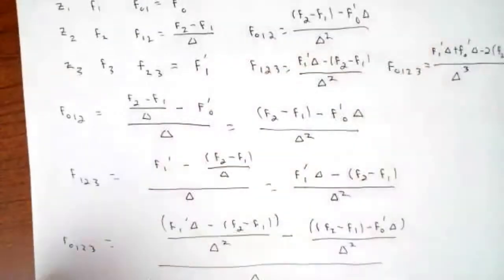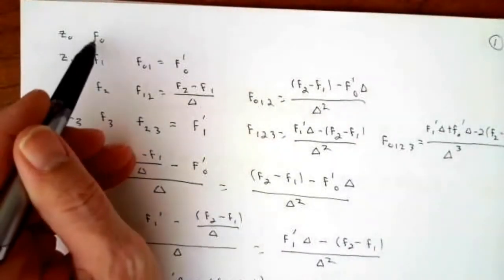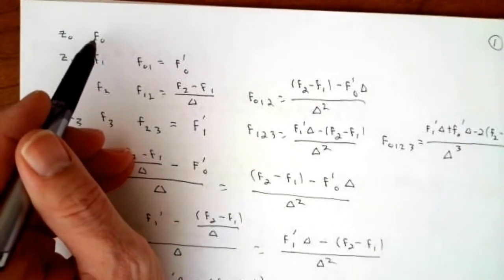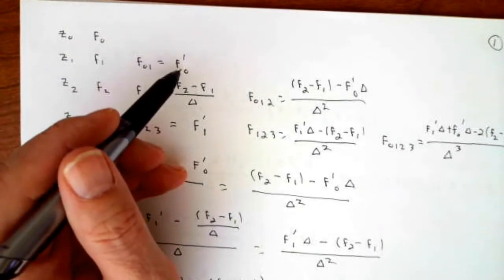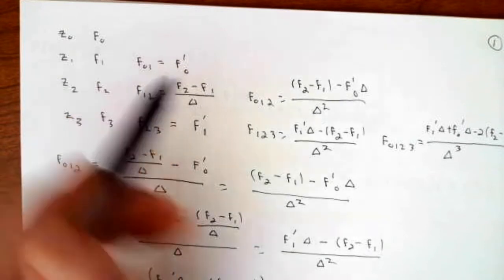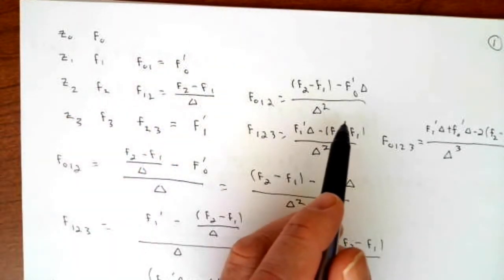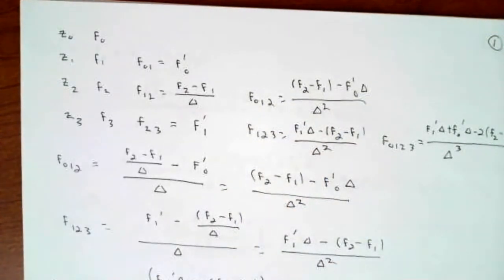Recall, the reason that this is important to us is this number is the constant coefficient in my interpolating polynomial. This is the coefficient of the x minus z0 term, the coefficient of x minus z0 times x minus z1, and the coefficient of x minus z0, x minus z1, x minus z2.